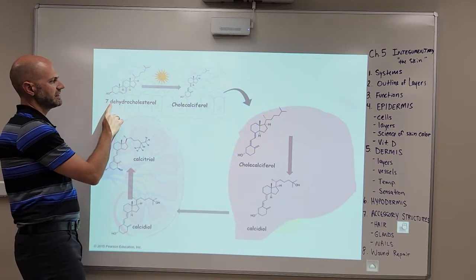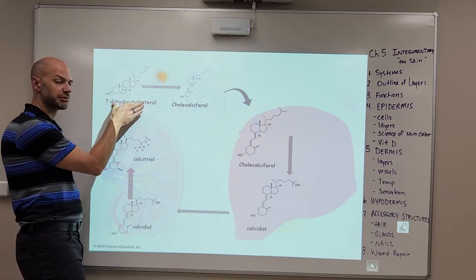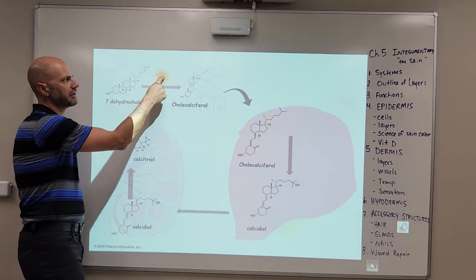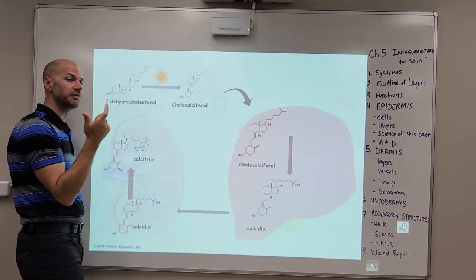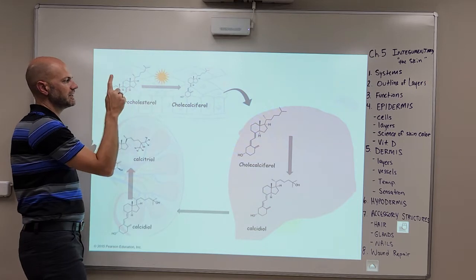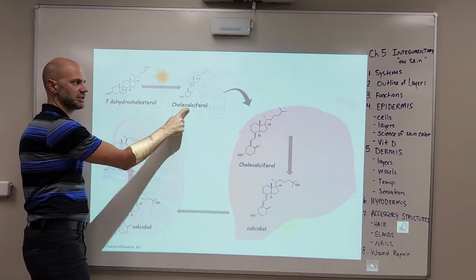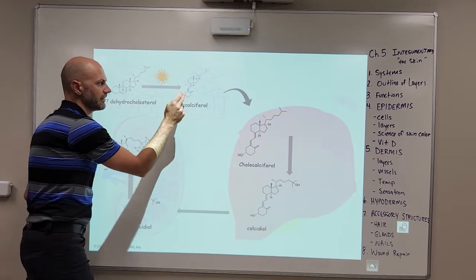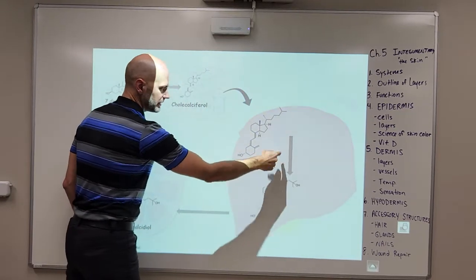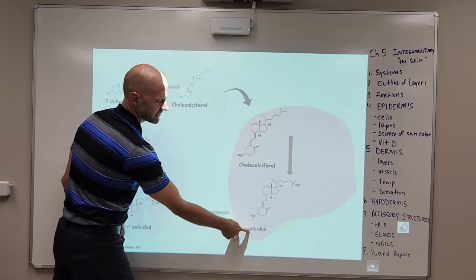Here we have 7-dehydrocholesterol. It's just a precursor molecule. And in the presence of sun, specifically UV, a little bit of UV is okay, we can convert this molecule into cholecalciferol, vitamin D3. That will travel through the blood to the liver. Cholecalciferol gets converted to calcidiol.